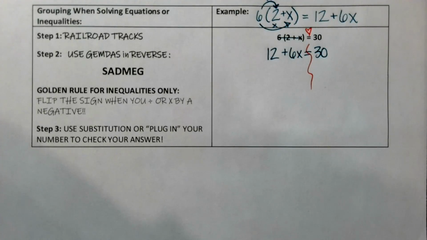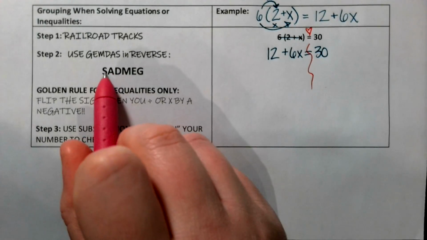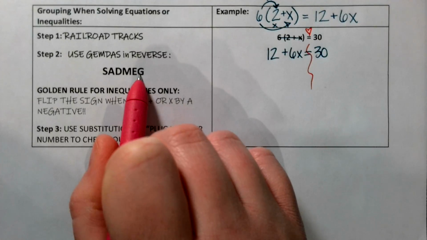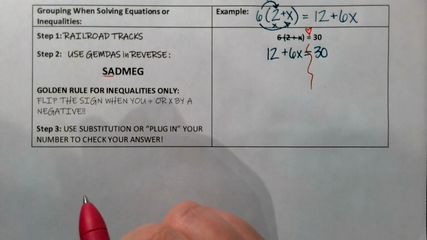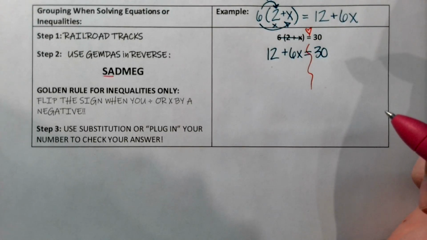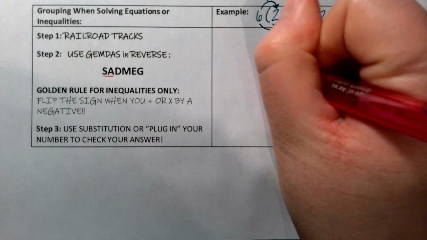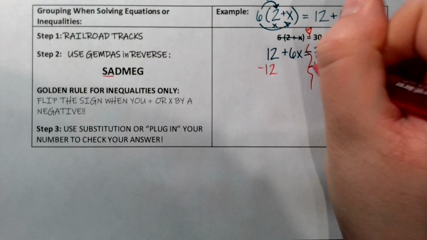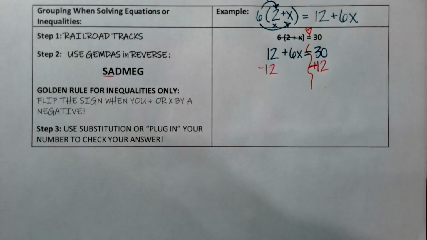Now my problem looks like what we've been seeing all year. Now what I can do is go through and do GEMDAS. I can do my SADMEG. So subtracting and adding. I need to get rid of that 12. How am I going to get rid of it? Subtract 12 from both sides.